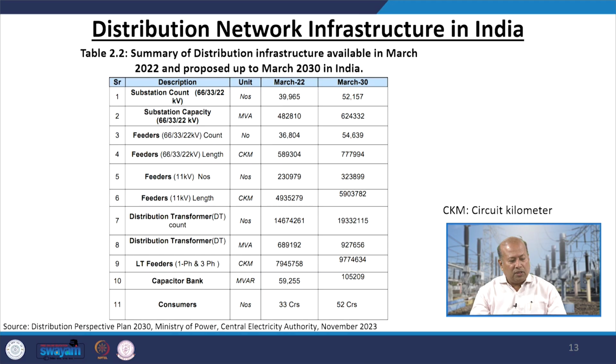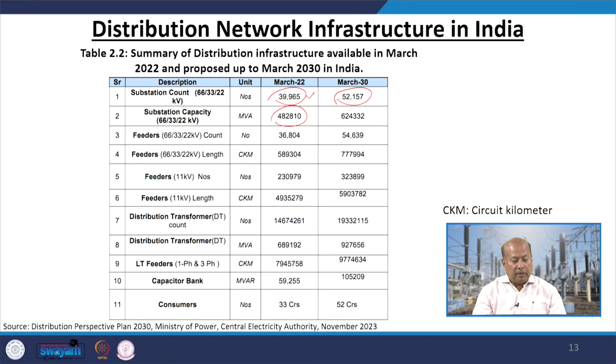Let us focus on distribution network infrastructure in India. As you can see, the substation count is expected to be close to 52,000 in 2030, but even in 2022 we had close to 40,000 substations of capacity 66 kV, with the capacity going to be 482,000 kV.